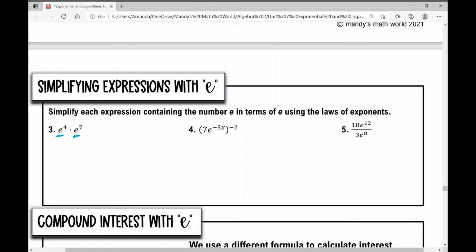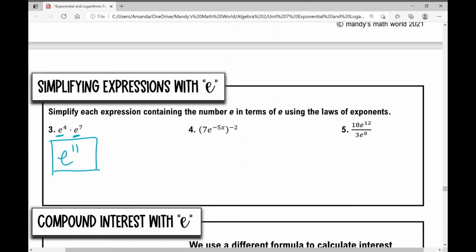It doesn't matter that I have e in this. I've got the same base, so I can simplify this using the product rule and add my exponents. I'm going to keep that base, add those exponents, and I get e to the power of 11.